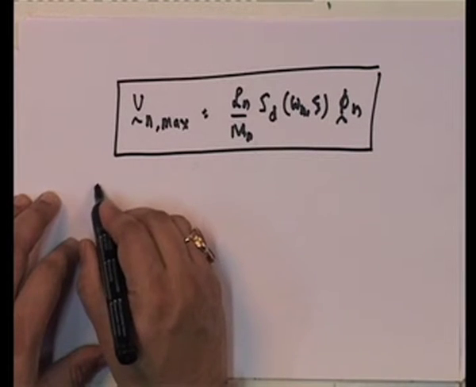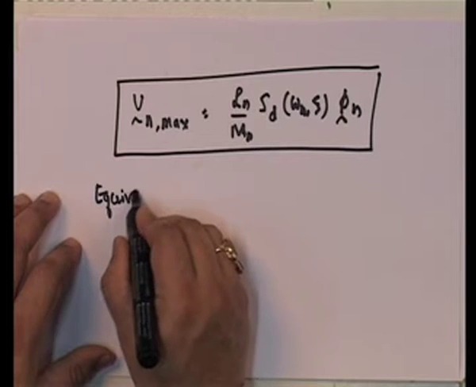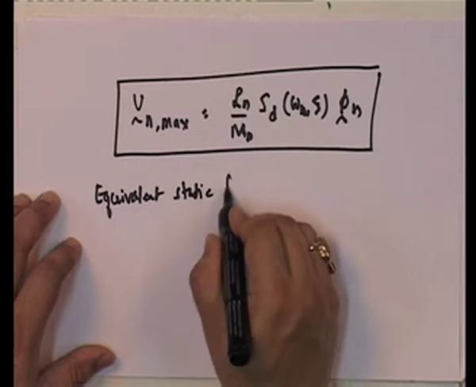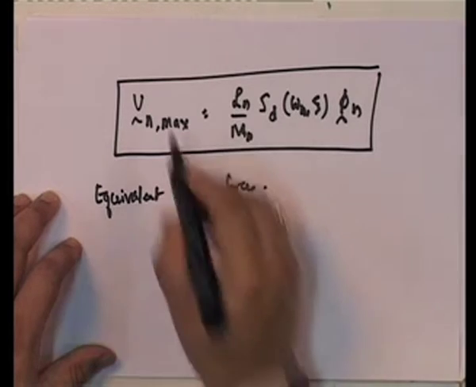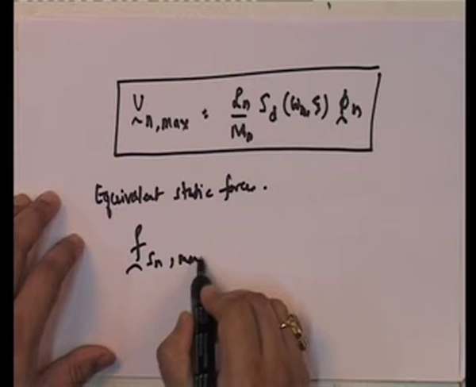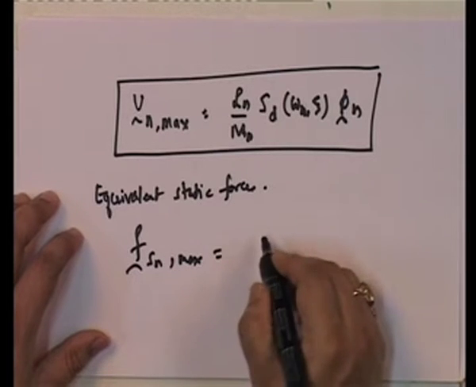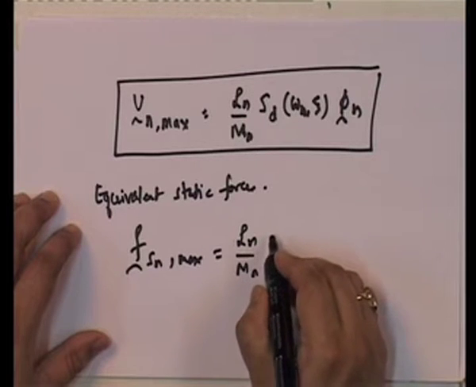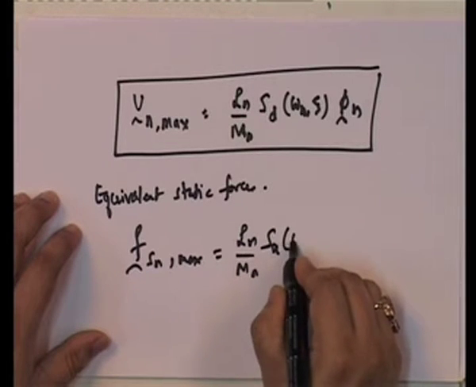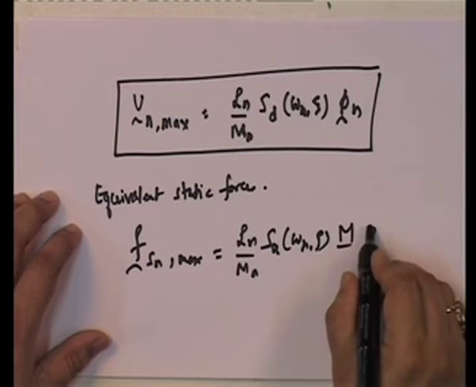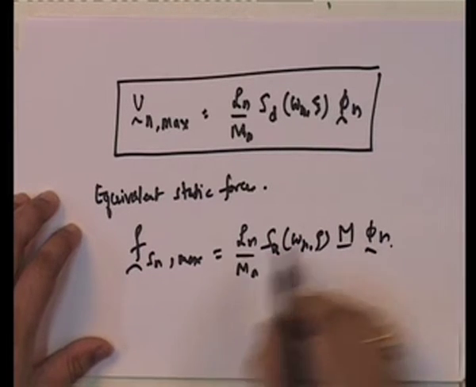The equivalent static forces in the nth mode is equal to Fsn max, which is equal to Ln upon Mn into Sa omega n xi into m phi n.